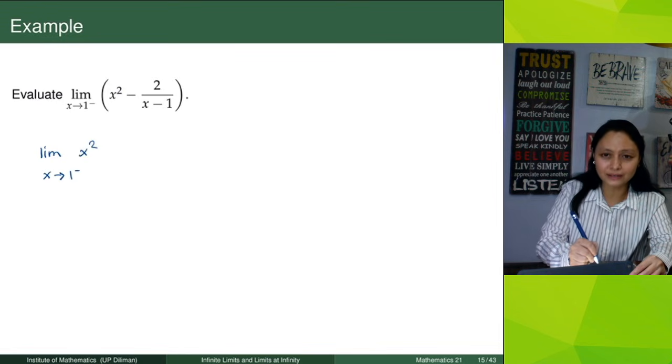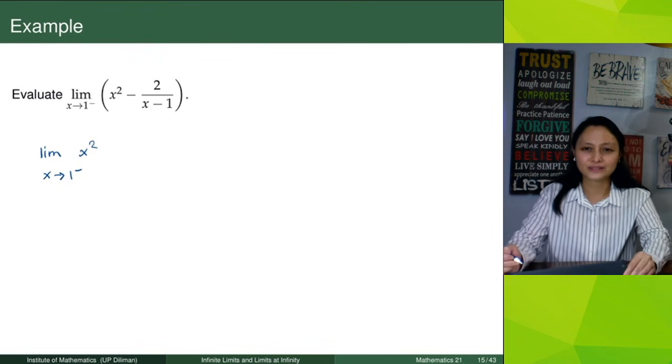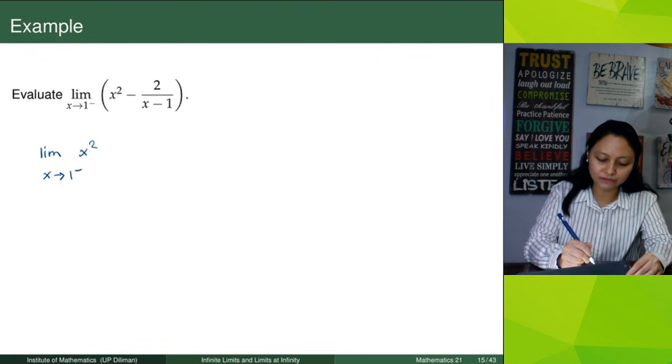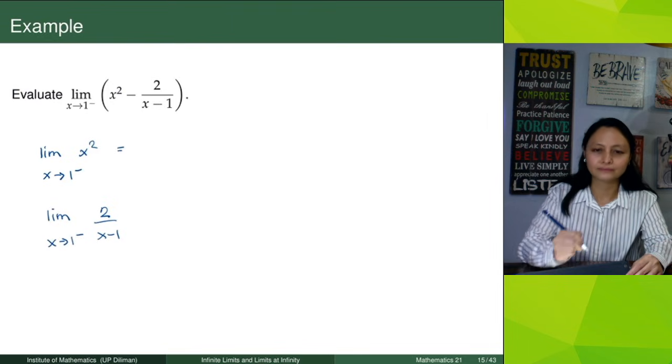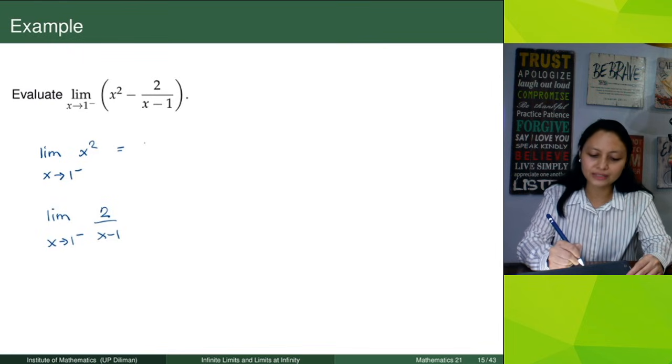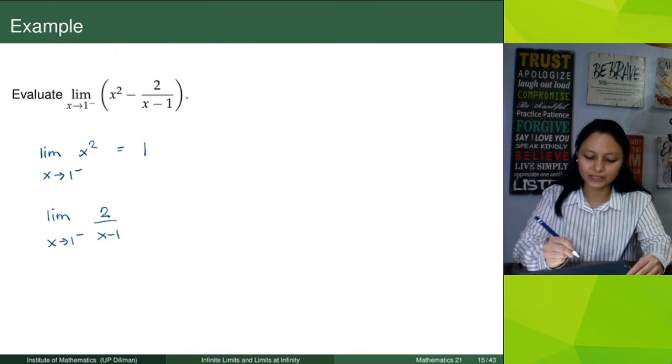Pero pag sanay na kayo, pwede nang i-diretso. So, get the limit of x squared as x approaches 1 from the left. Also, get the limit of 2 all over x minus 1 as x approaches 1 from the left. Okay, ano yung limit ng x squared as x approaches 1 from the left? So, 1 squared is just equal to positive 1.